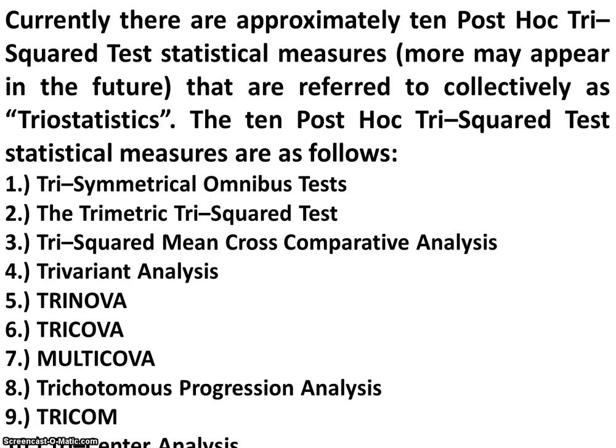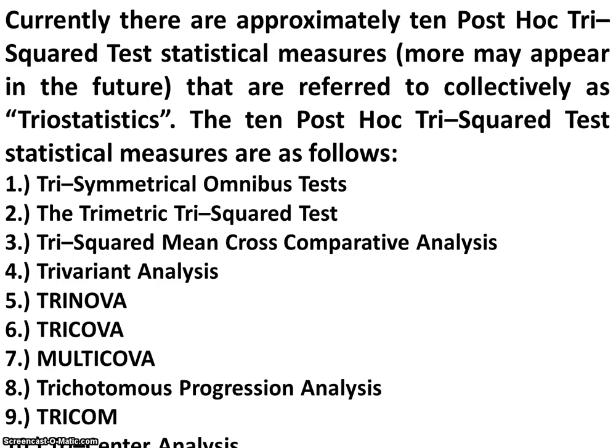So these are various tests which give you a lot of power. Forthcoming papers have already been published on the first 3, and there are further ones coming on the last 7. So when we begin to look at post hoc trisquared statistical measures, then we have 10 different ways of analyzing data to determine what was really going on in the research design.